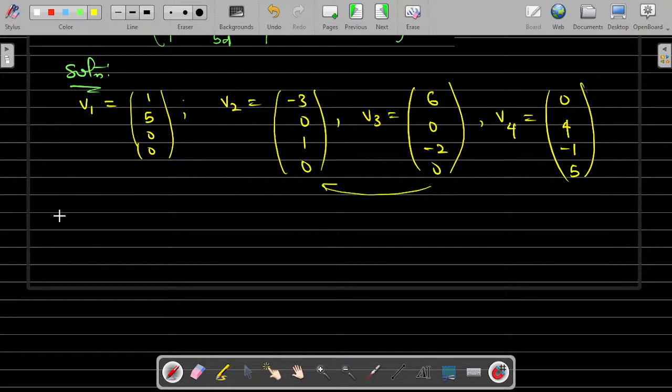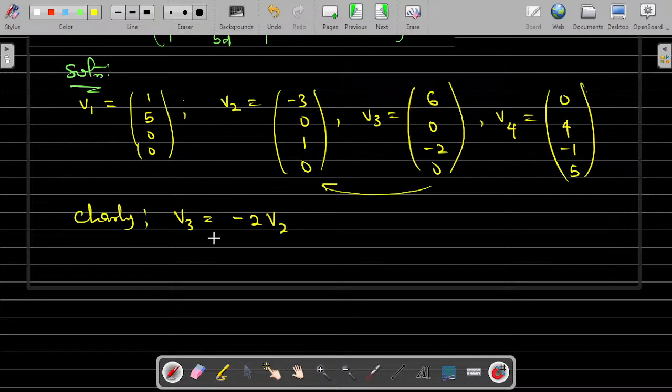So you can say clearly our V3 is equal to minus 2 of V2. That is actually noted there.